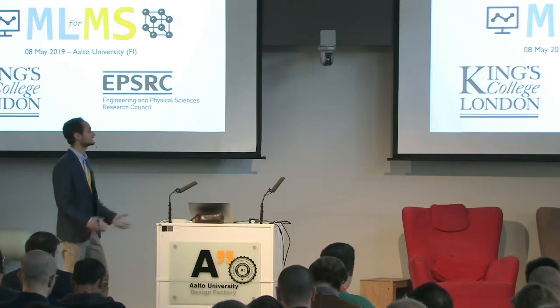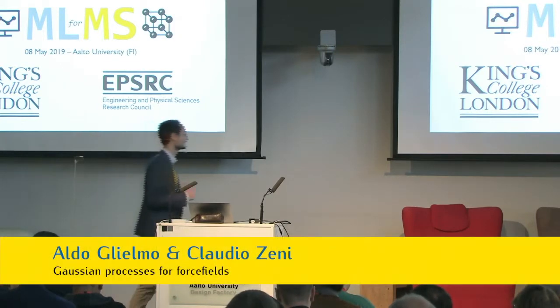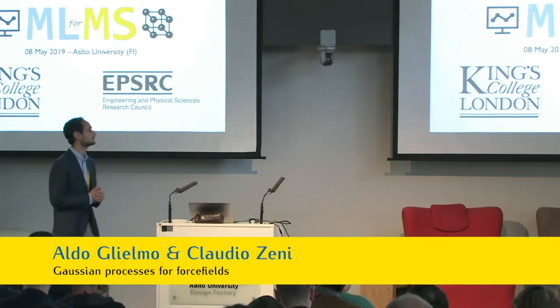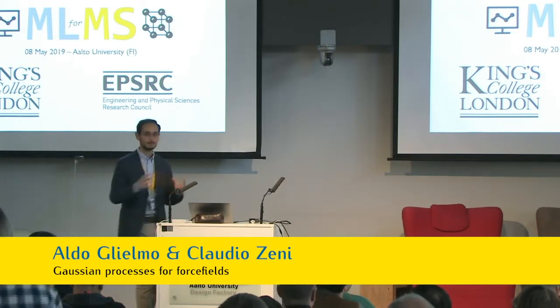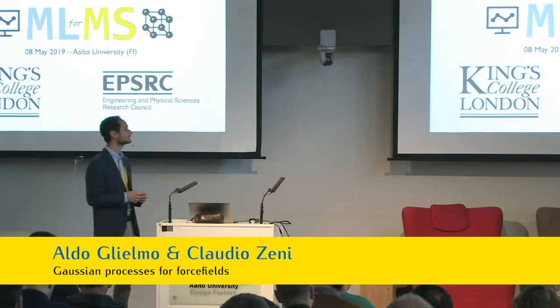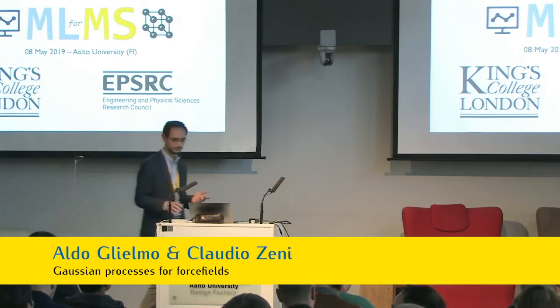So we'll take a step back and go back to potentials once again, last time probably, for the introductory talks. I'll try to go through the other big broad class of machine learning algorithms that I use nowadays to fit force fields, that is basically Gaussian process regression.